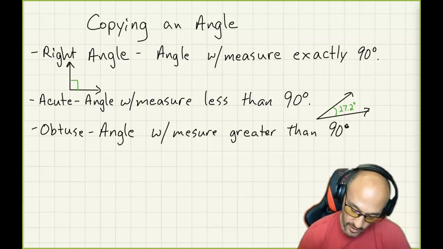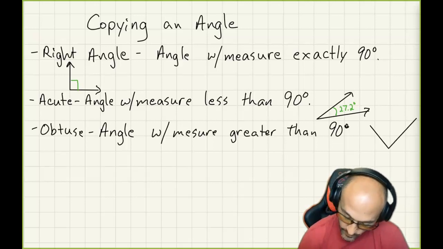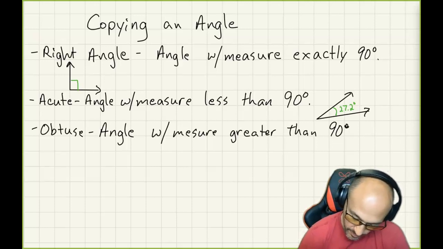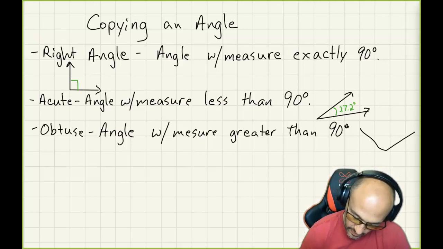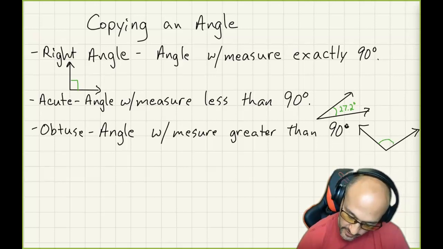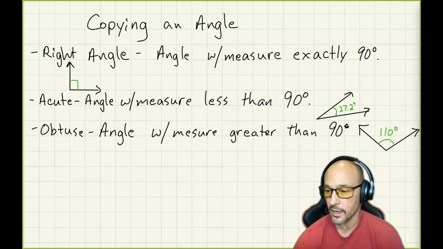So anything like that would be, well, that's pretty close to a 90-degree angle. Let me make sure that's not even an angle. There we go. So let's say that's 110 degrees, something like that. That would be an obtuse angle.